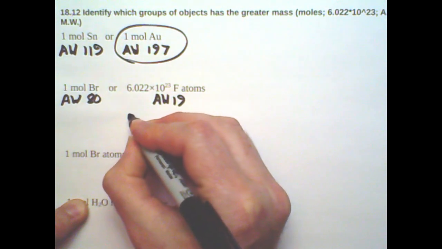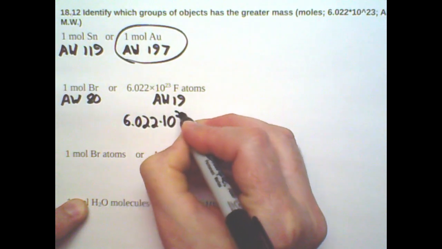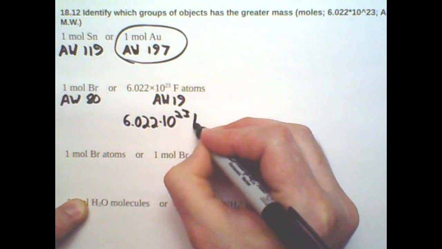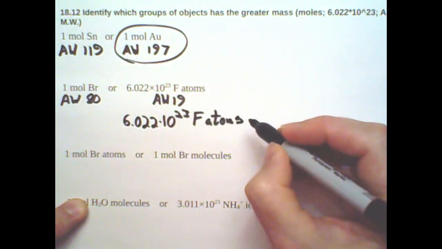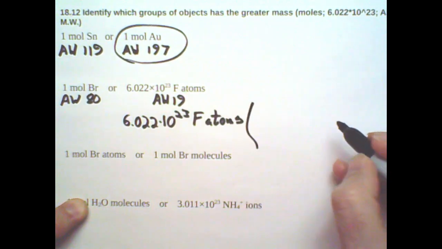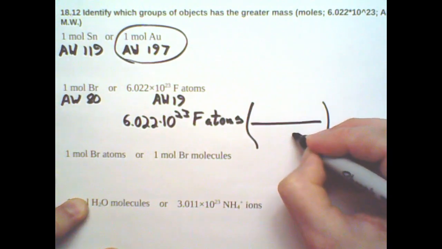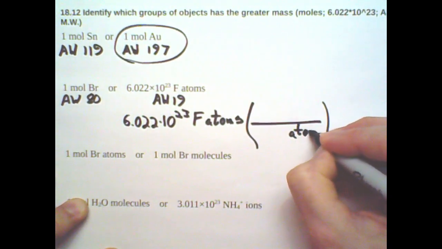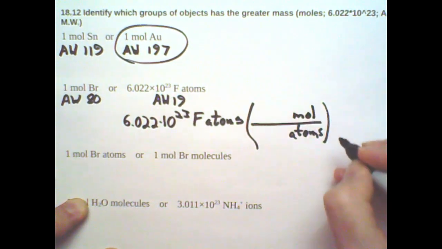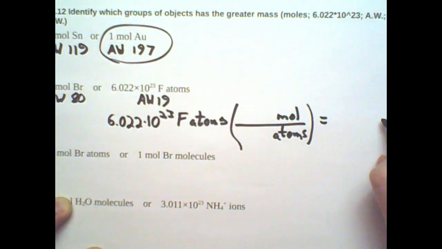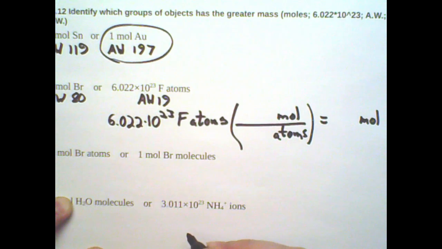So if I start with 6.022 times 10 to the 23rd fluorine atoms, then I know my conversion factor needs to have a particular form. It needs to have atoms on the bottom and moles on the top. And that will help me end with a number in terms of moles.